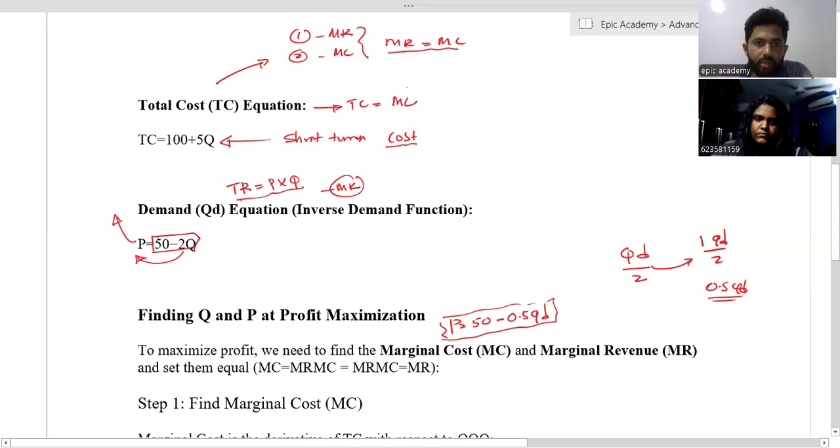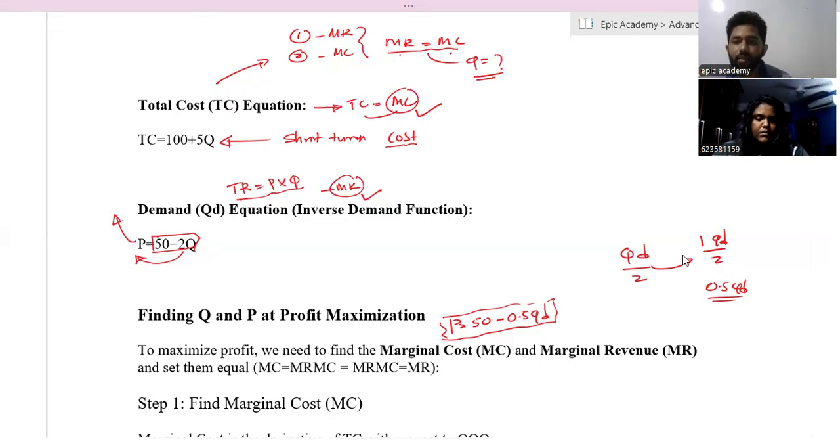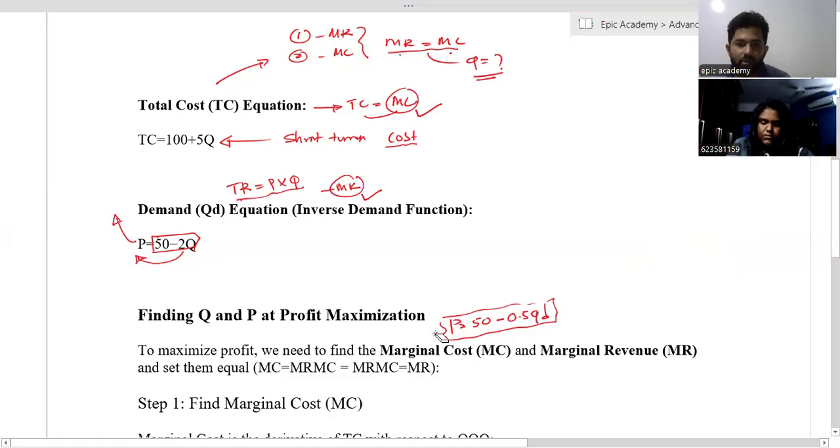So on one side you identify the marginal cost, and on the other side you identify the marginal revenue. When the marginal revenue equals the marginal cost, that must be the production quantity. So this production quantity must be the profit maximizing quantity. That is what we are looking for in here.